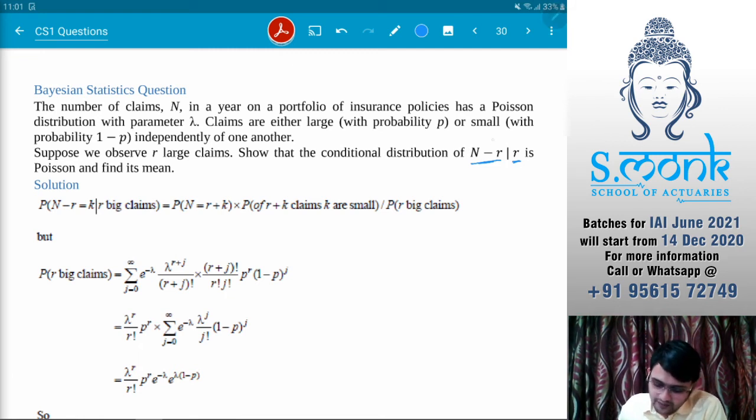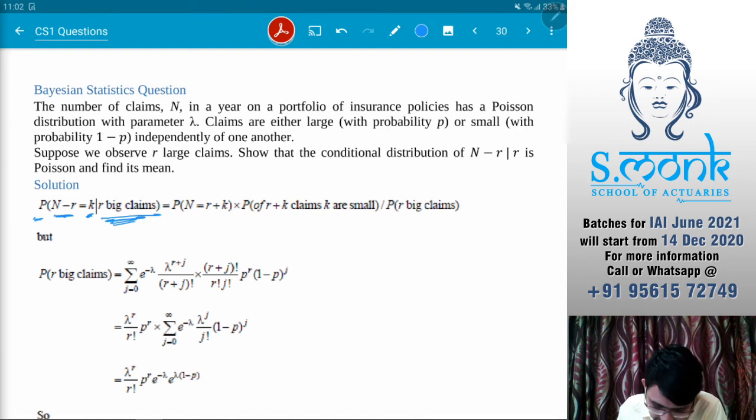Now here n minus r is small claims and r is large claims. So first thing we are going to do is find the probability that my n minus r claims will be some particular value, any value. They have taken k here, given that we have r big claims.